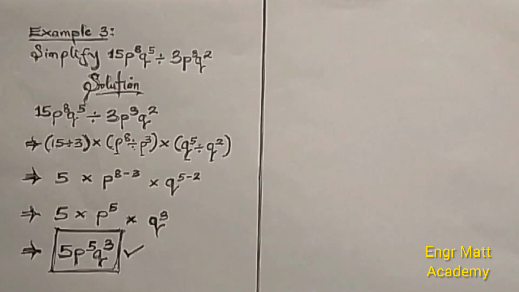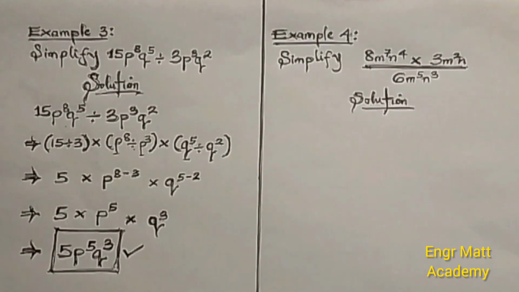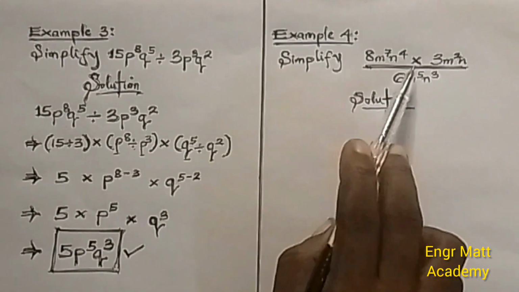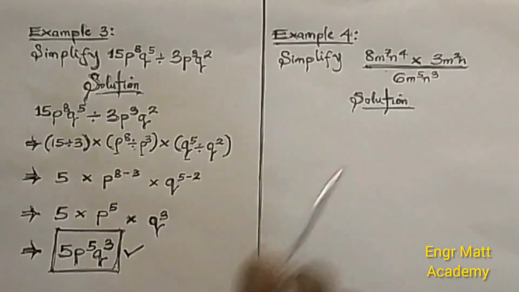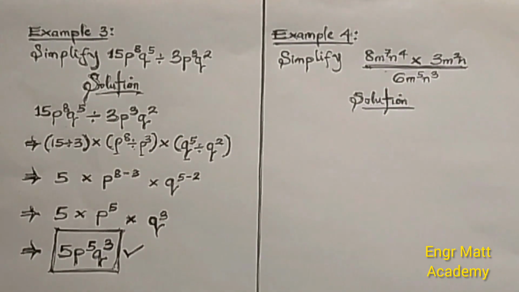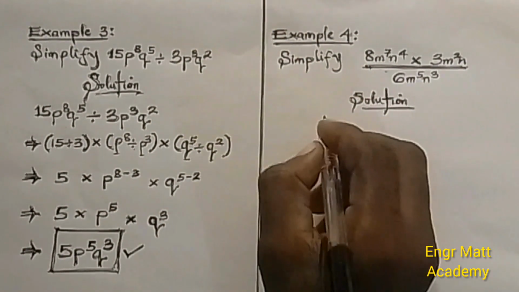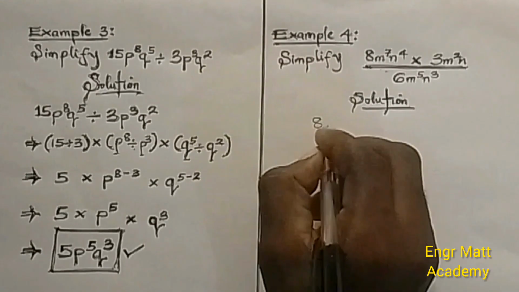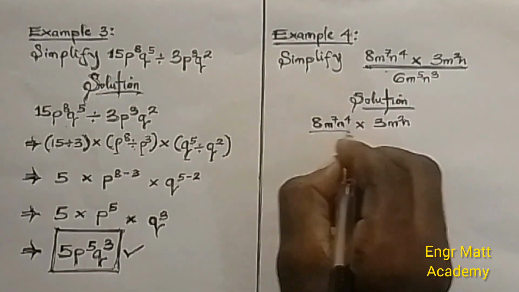We will still do one example because I want you to understand one law before we move to the next one. So example 4. Example 4 combines both multiplication and division, but no worry, we will do them together. As I always say, rewrite the problem.